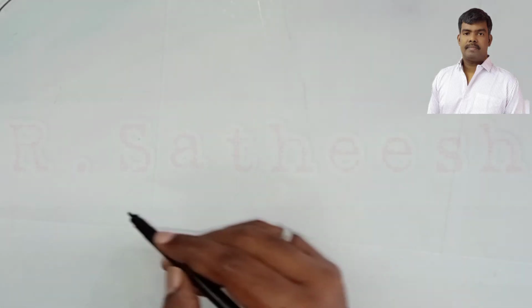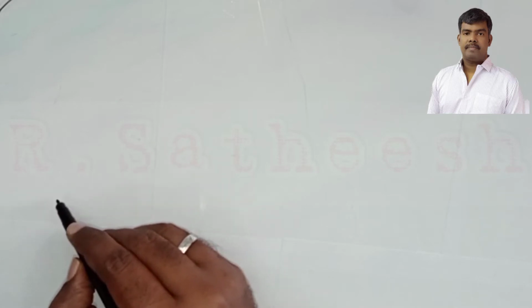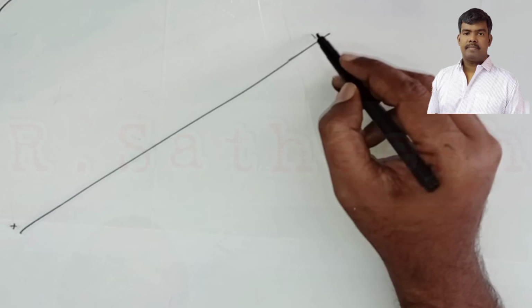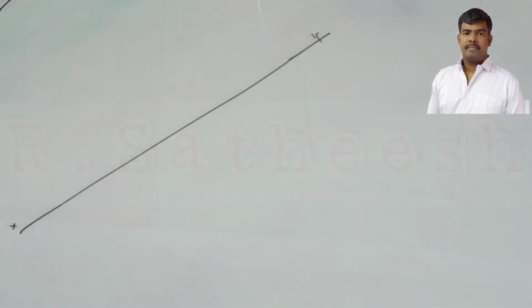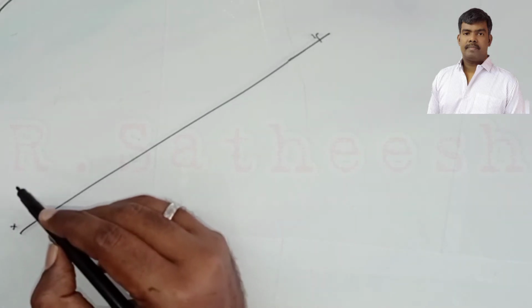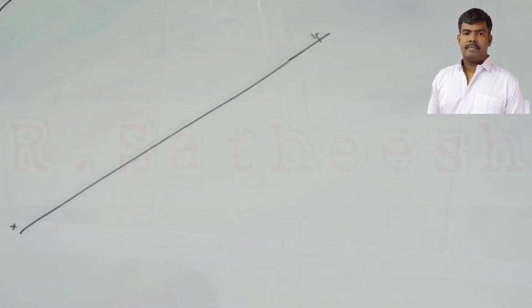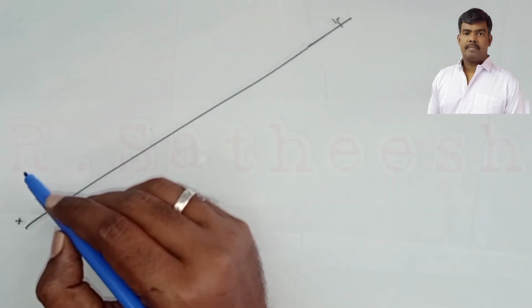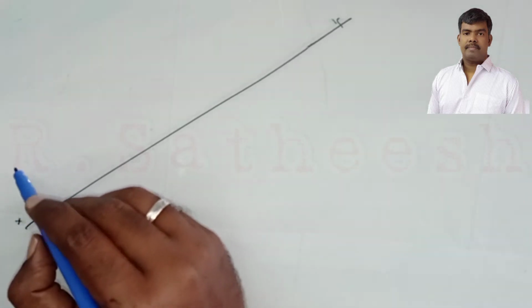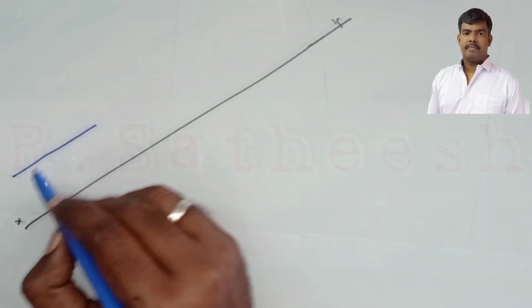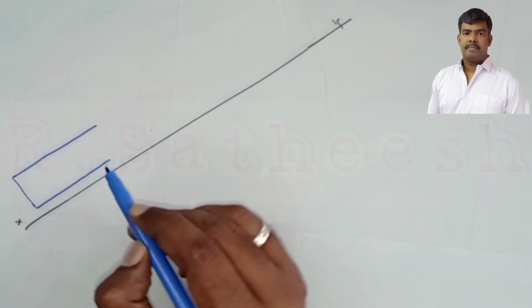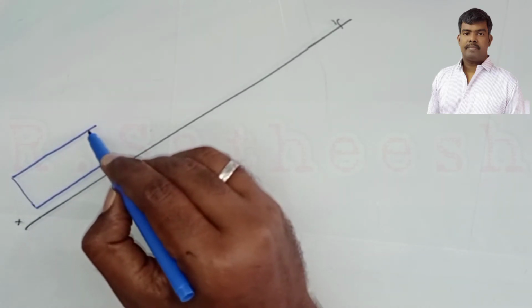First you draw an XY reference line. Clear. Next you draw the front view rectangle of size 60 by 30. The distance above XY is not mentioned, so we assume some distance above, no problem.